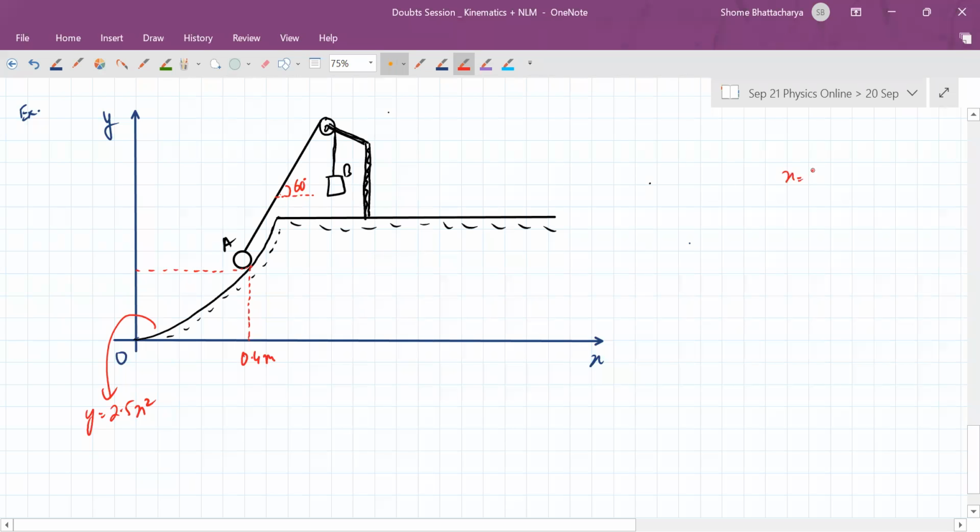So if x is equal to 0.4 meters, you can see the y coordinate lying on that.